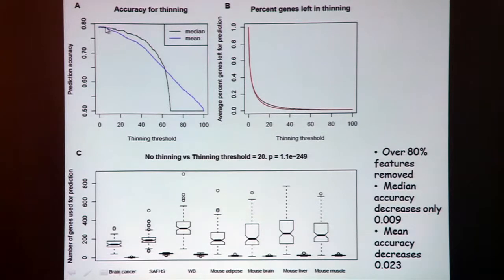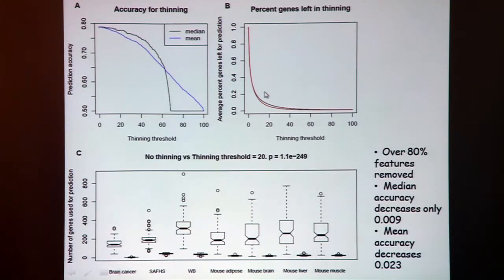It doesn't change much, which is intuitive. Genes that are rarely selected don't matter. Only if you really use a large thinning threshold, you start to get compromises in the accuracy. But on the right panel, I show you the average percent of genes left for the prediction, and it goes drastically down, right?